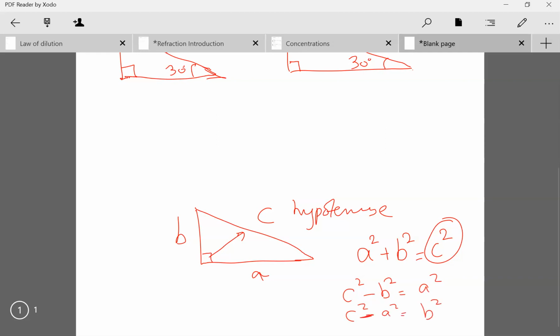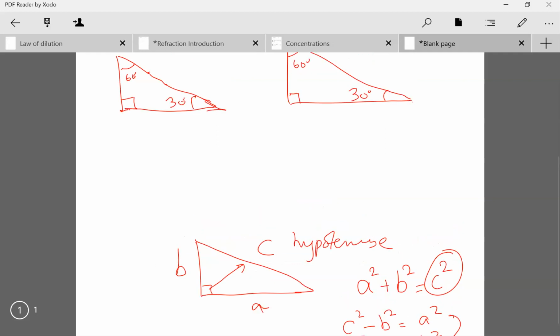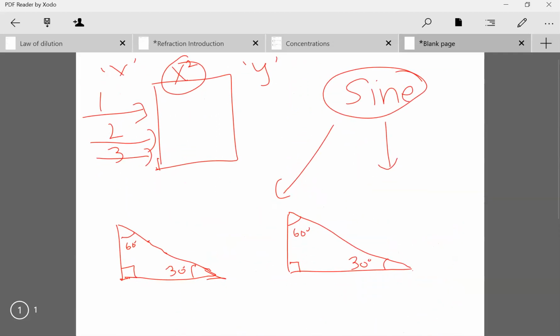Again, those are the same thing because it does not matter which one's a or which one's b. So that's the Pythagorean theorem. But essentially what we will notice in a right angle triangle with an angle of 30 degrees is basically that the three sides will be in this kind of order, roughly.